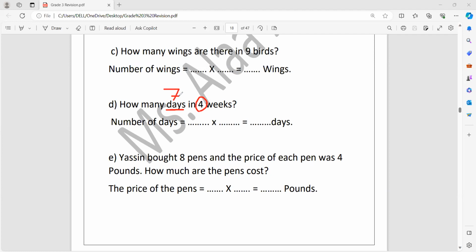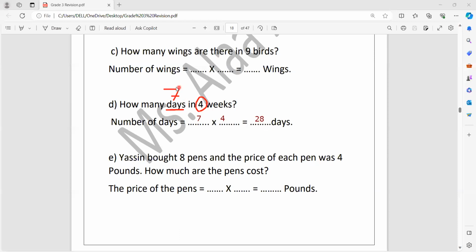So it means that the 7 days will be repeated for the 4 weeks. So I am going to put 7 times 4 or 4 times 7. They will give me the same product. And 7 times 4 equals, super, 28. So the number of days will be 28 days.